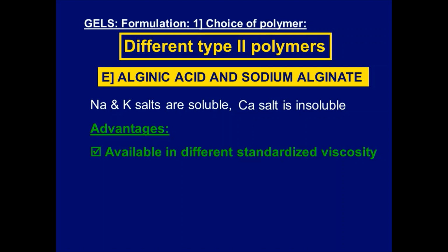For sodium alginate, for example, you may purchase low viscosity sodium alginate, medium viscosity, or high viscosity, again with the viscosity written on the package. This is an advantage of alginic acid and its derivatives.